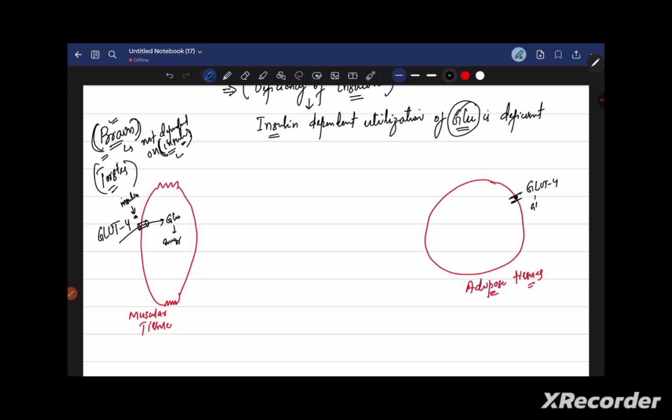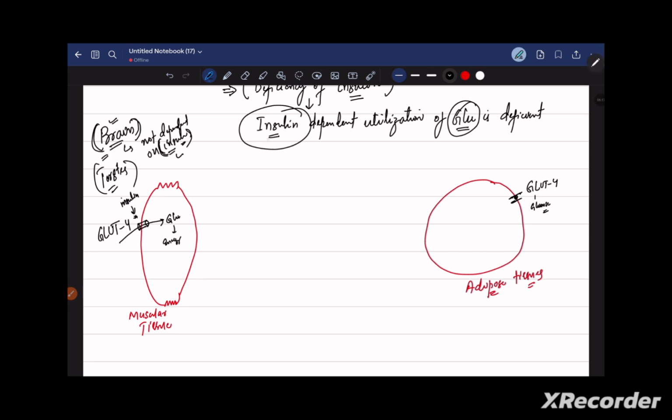This is the normal mechanism. But in type 1 diabetes mellitus, insulin is not present. So what happens now?